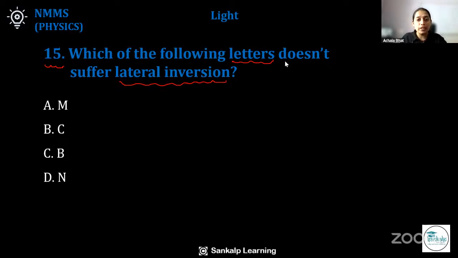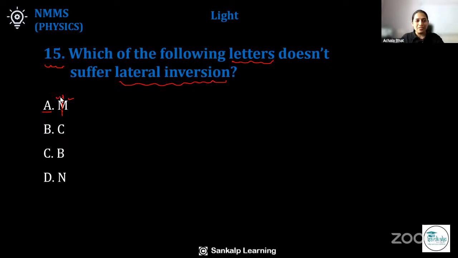Which of the following letters doesn't suffer lateral inversion? Option A, M. If I cut it like this, through its center, now this right side and left side are symmetrical.